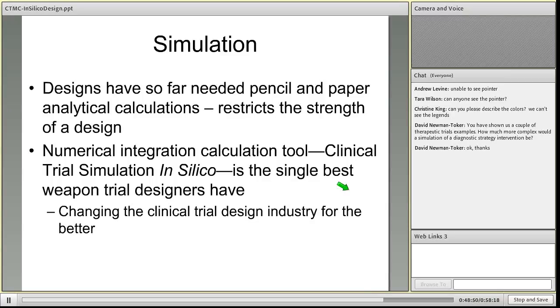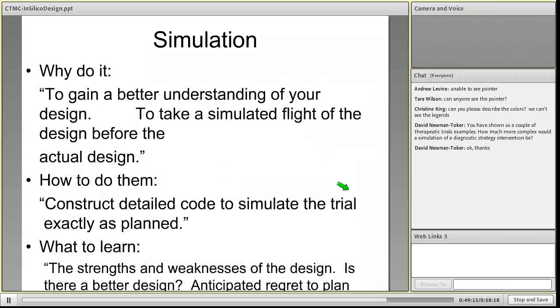Bringing in simulation allows you to visualize the trial, run many through a flight simulator, envision it, but its most important role is the numerical integration. All those things calculated would be impossible to do any other way. It allows for more complicated design, more flexibility, better trials. So all of that goes hand in hand with simulation, which is needed in order to do this.